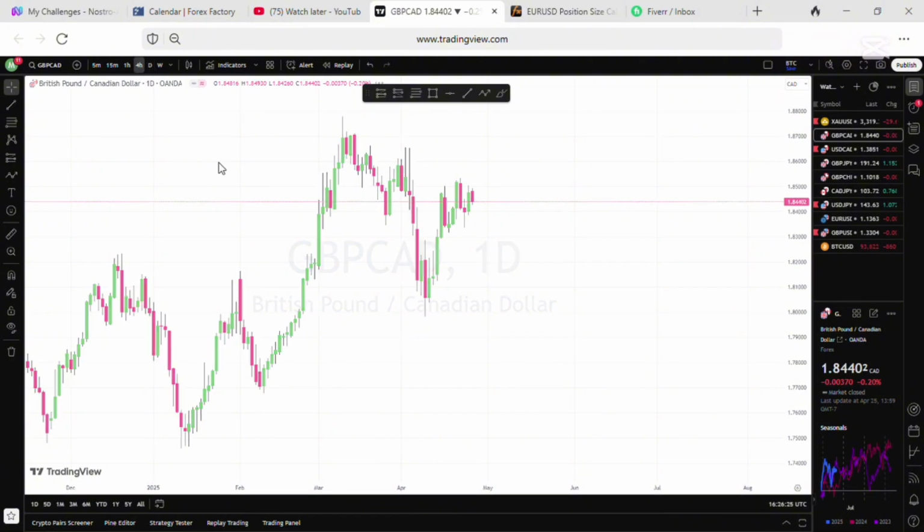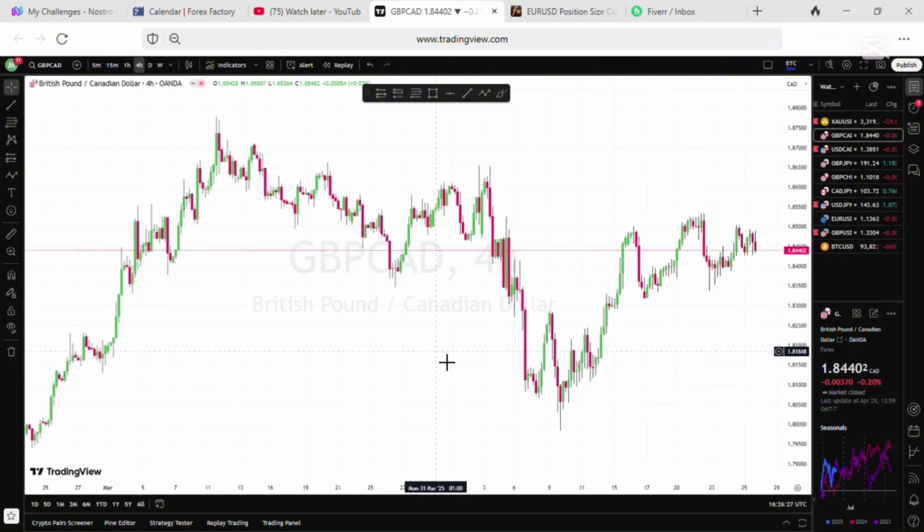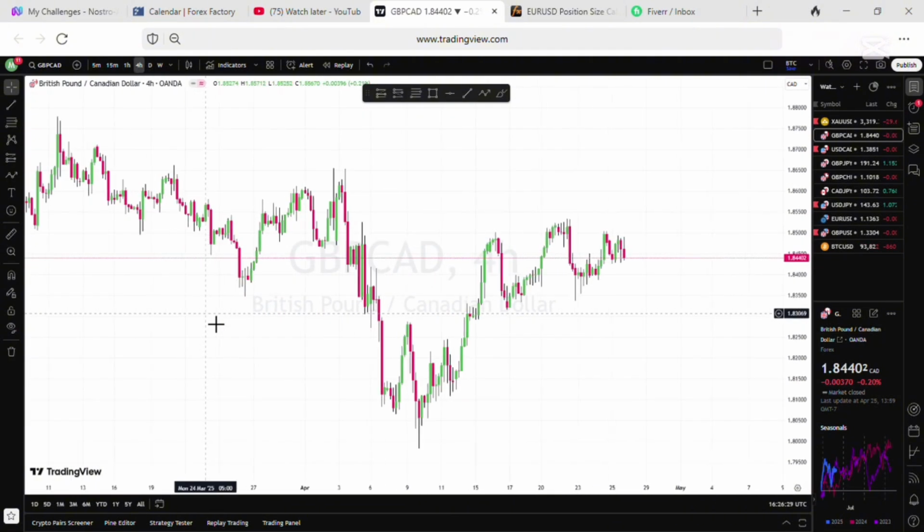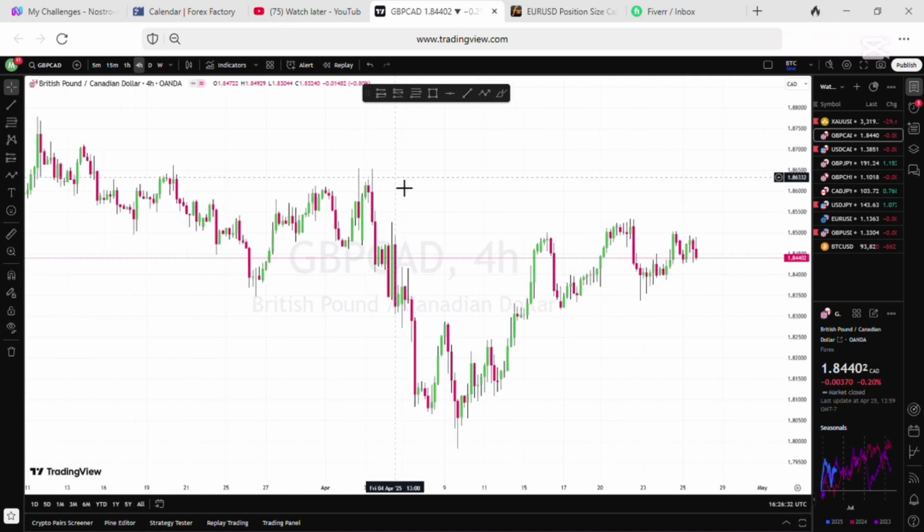Let's go back to the 4-hour time frame and see. In the 4 hours time frame, a demand zone is being created here. Let's mark it out and see.